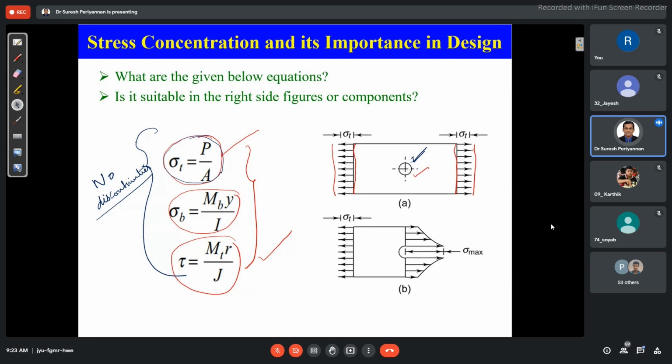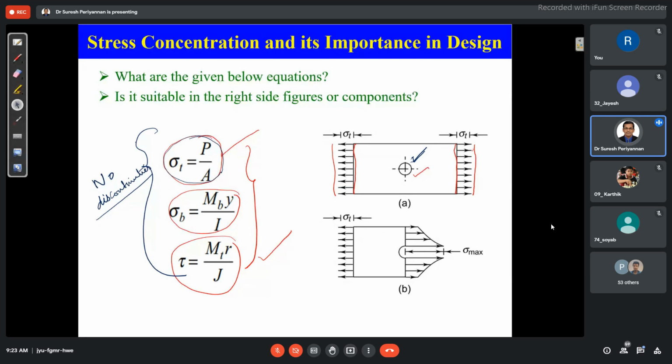Hence, people went through studies with the help of the photoelastic technique. In the photoelastic technique, especially, they used the polariscope. What they did, they prepared the sample with epoxy resin.